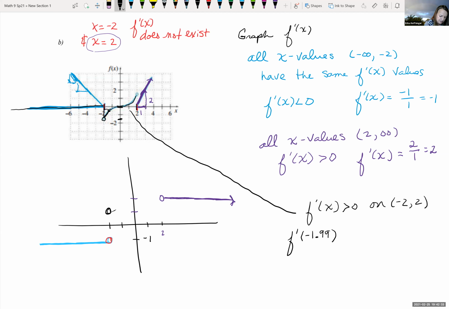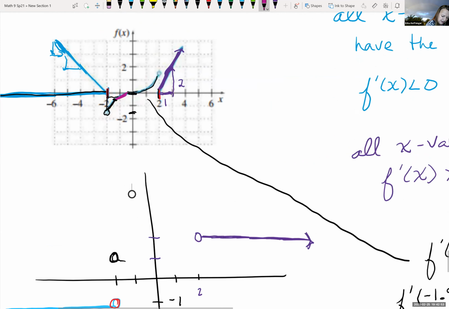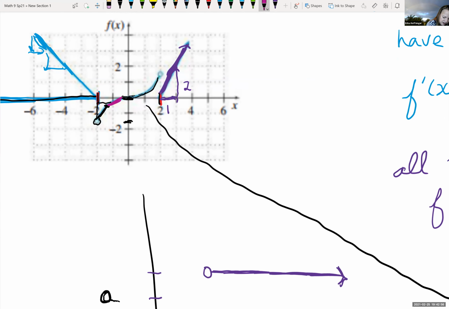But then notice that the slope is decreasing. Notice that the slope in here is not as big. So maybe here we're running over 1 and we're only rising a half.